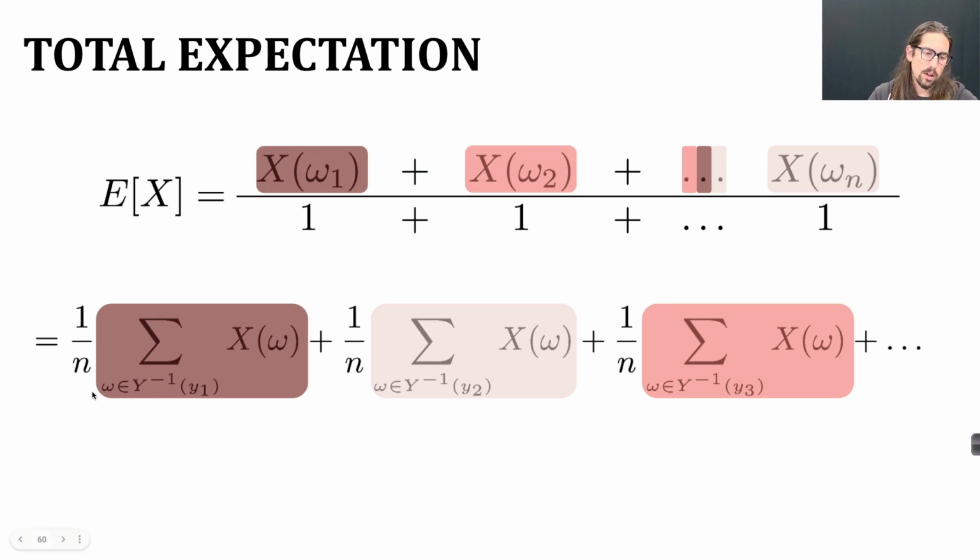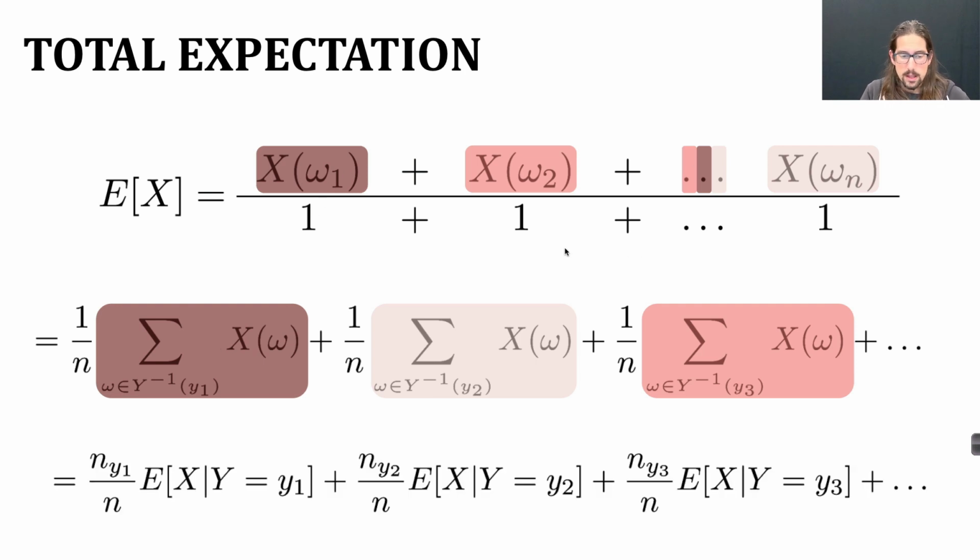Basically, I'm just saying take all the people where the value of y is equal to little y1, and then take all the people where the value of y is equal to little y2 and y3. And so I'm just breaking up this total sum into these three sums, or really, however many values that y takes, I'm splitting it up like that. And then this 1 over n is just a constant factor that comes out in all of them. And so the sum is like what's in the numerator.